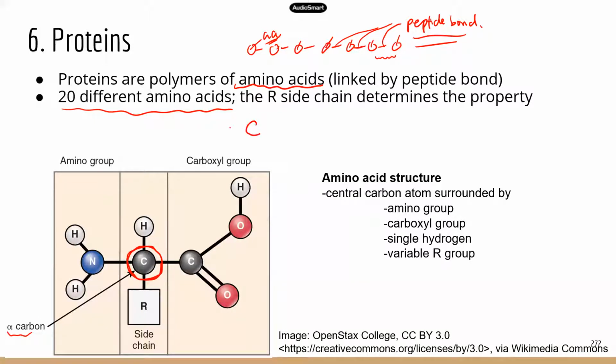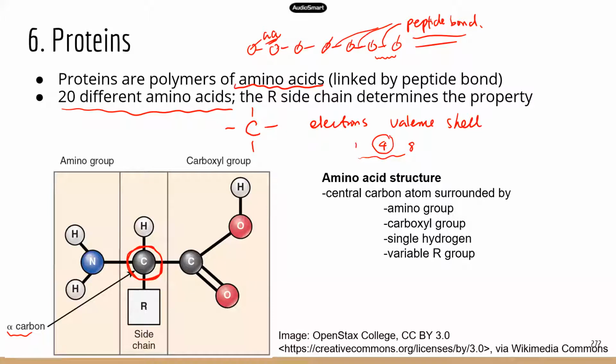Carbon can have 4 covalent bonds, and that's because carbon has 4 electrons in the valence shell. So it's a number in between 1 and 8, kind of in the middle. So 4 is right here.